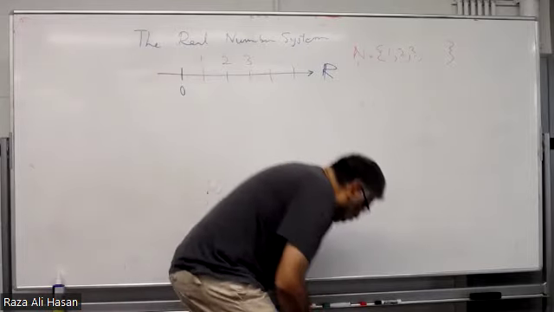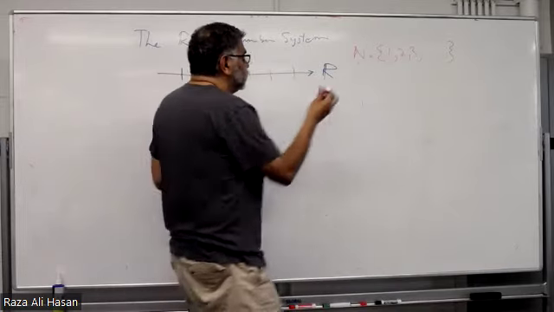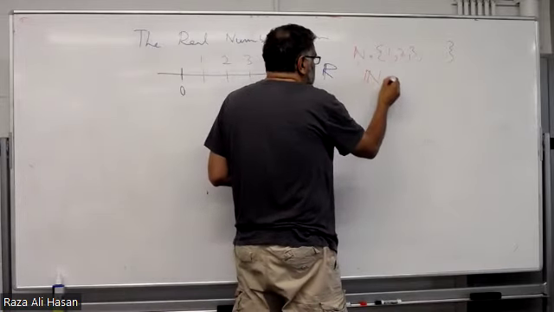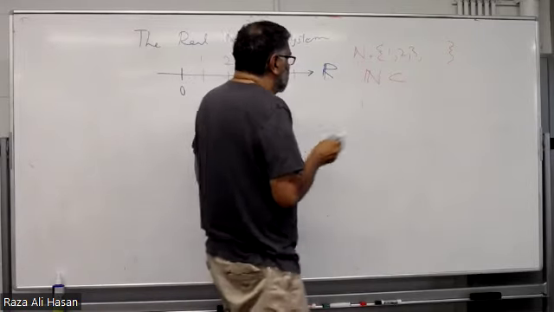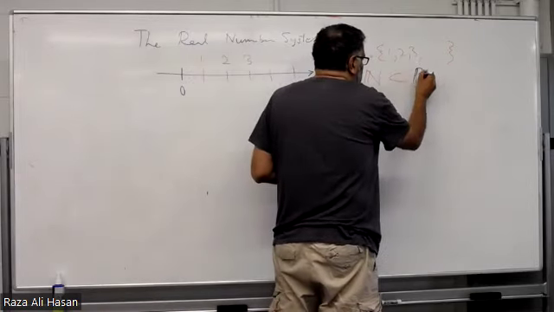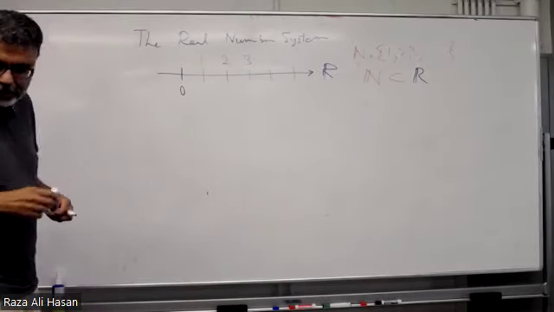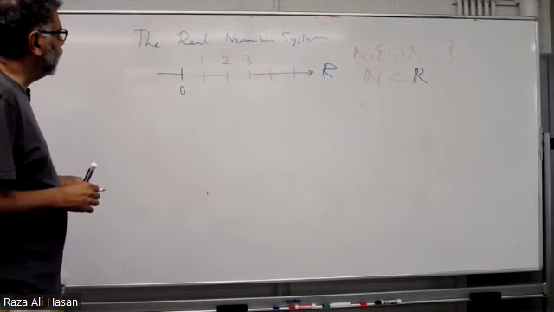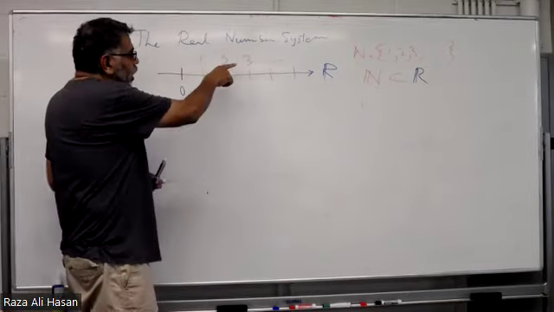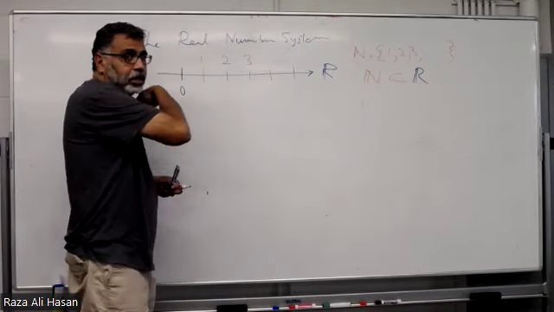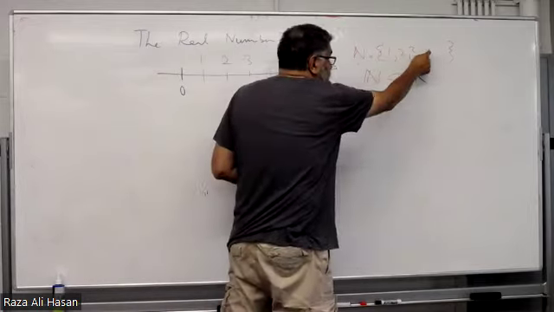Okay, so we can say that N is a subset of R for sure. And then if we try some operations like addition, you take two natural numbers, you add them, and the number that you find will always be in this set.